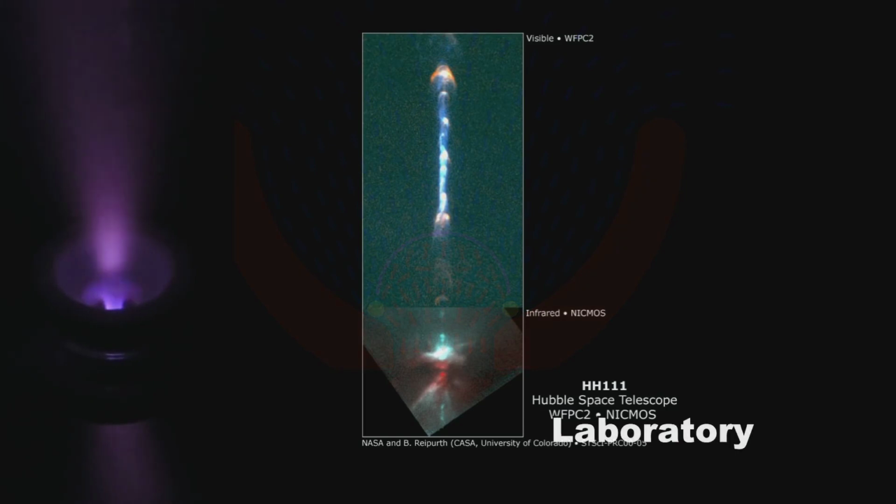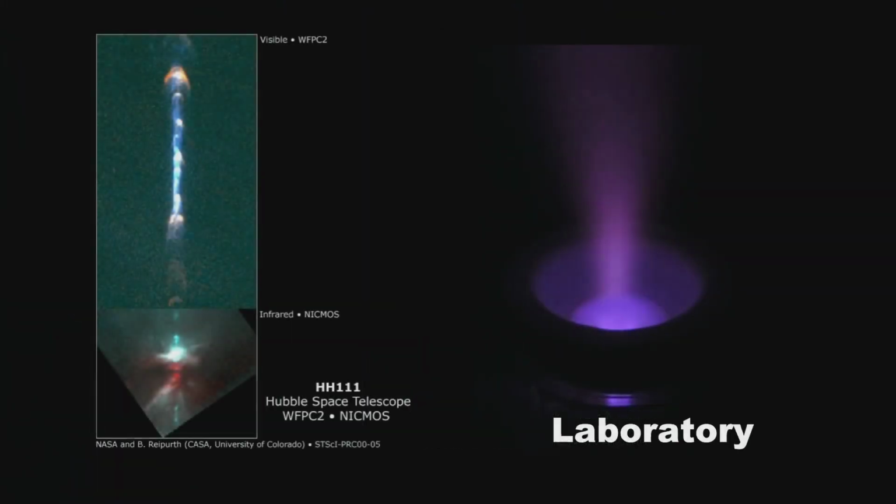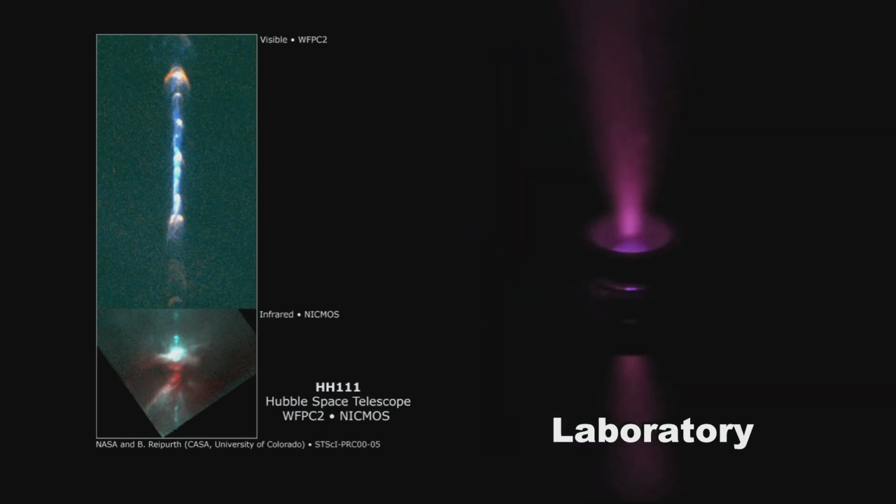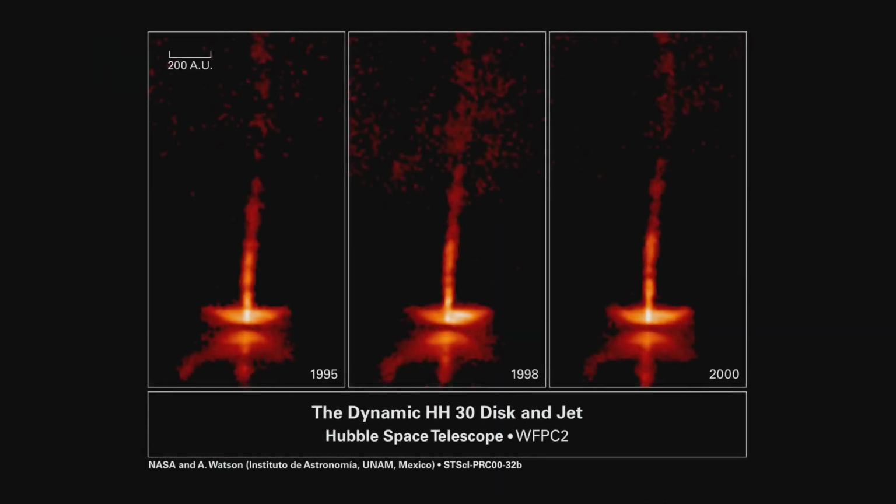By comparing the jet of HH-111 with a jet that is externally electrically driven in the vacuum chamber, we see that they have dramatically different structures. HH-30 is another example of bowl-shaped magnetic fields with the ejection jets in line with the axis of HH-30.